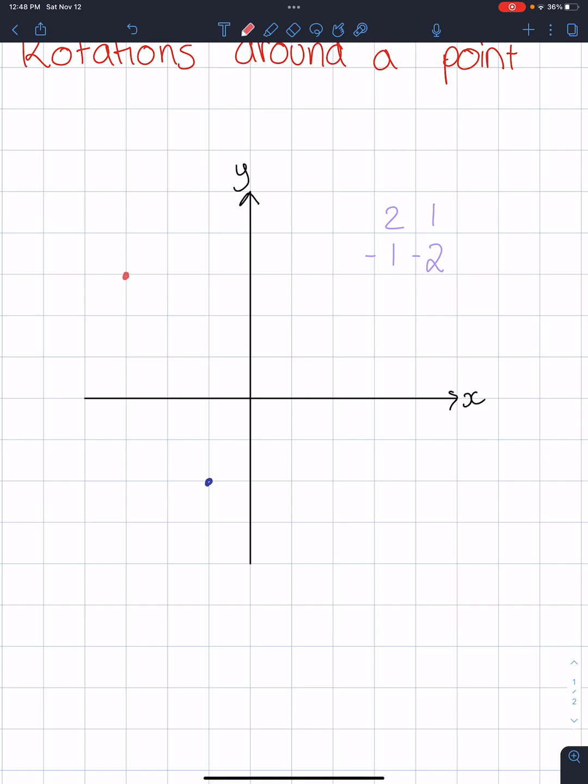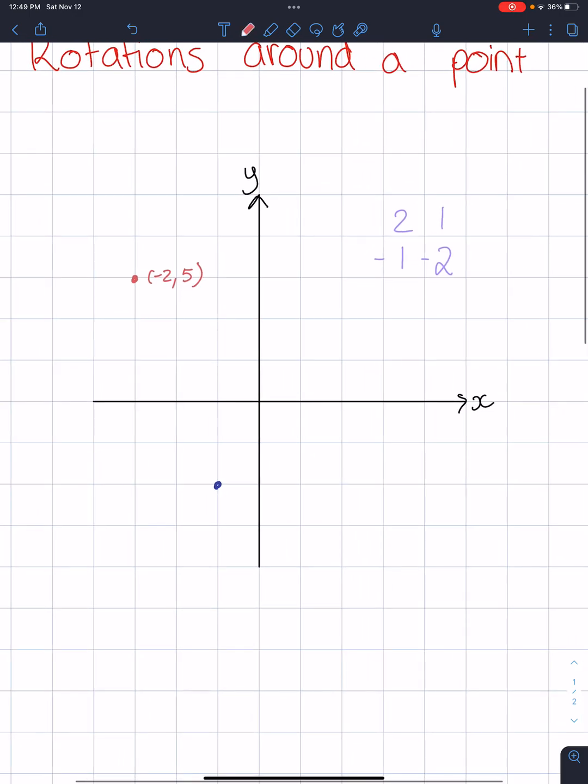Once again, I don't care what this value is. I only care about what this value is in respect to this value. So I'm going to go 1, 2 to the left, and then I'm going to go 1, 2, 3, 4, 5 up. So that's my coordinate in respect to the blue value, the center.